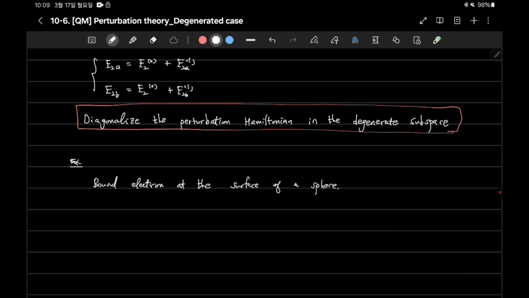Find the energy correction due to a perturbing magnetic field. The perturbing magnetic field B prime is B1 in the x direction. Let's solve this one.